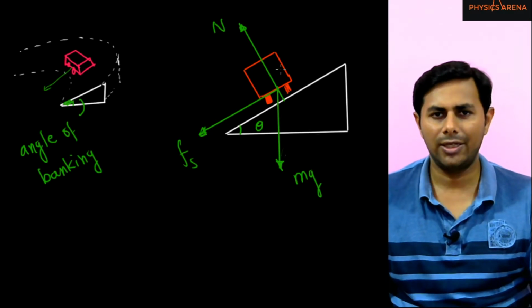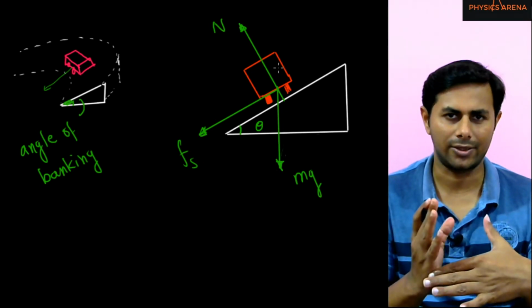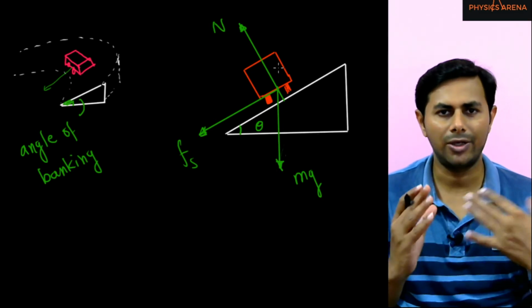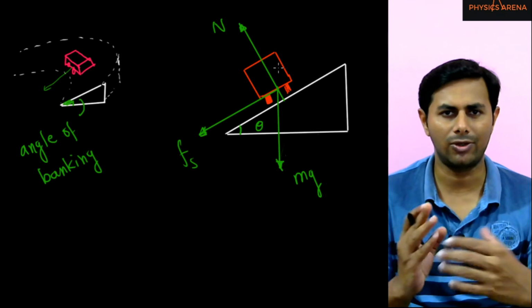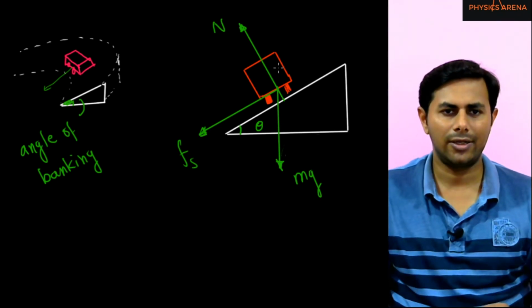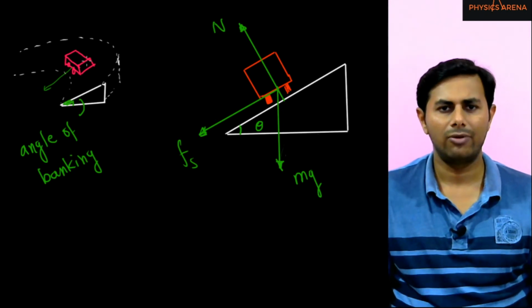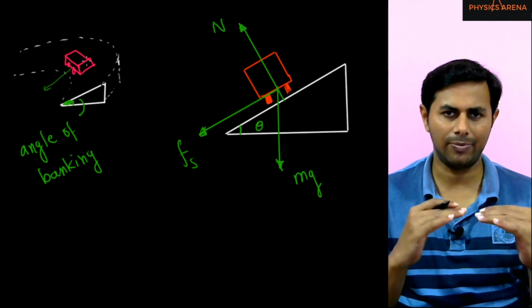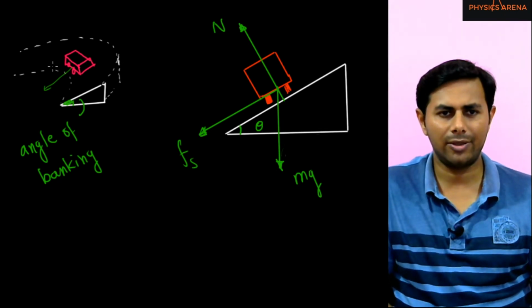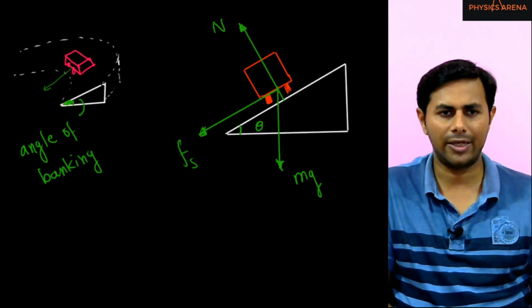Now we need to resolve all these forces in two perpendicular directions. So question is, in what two perpendicular directions should we resolve them? So answer is simple. The center of the curved road will be somewhere in the horizontal plane. So the centripetal force acting should act in the horizontal plane.